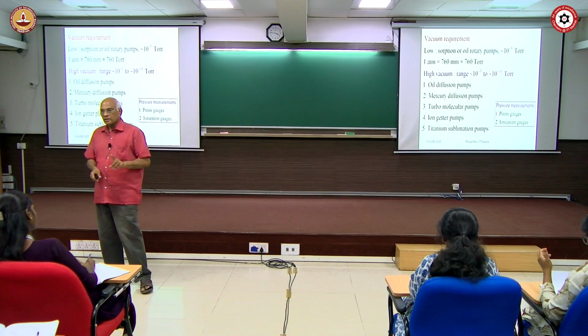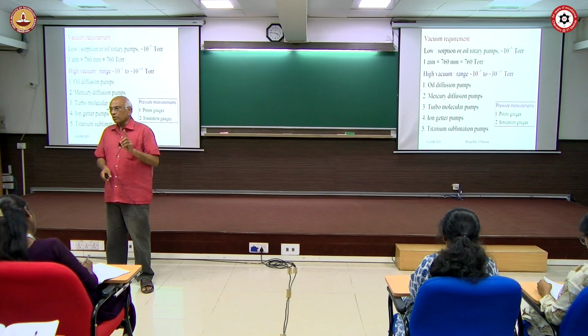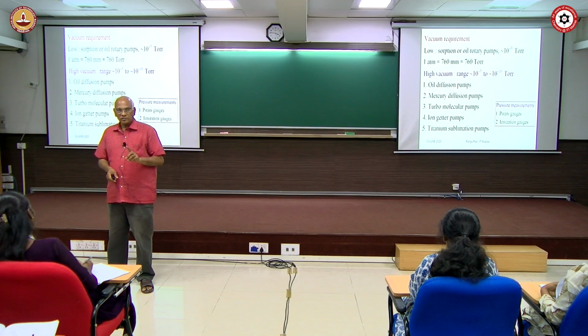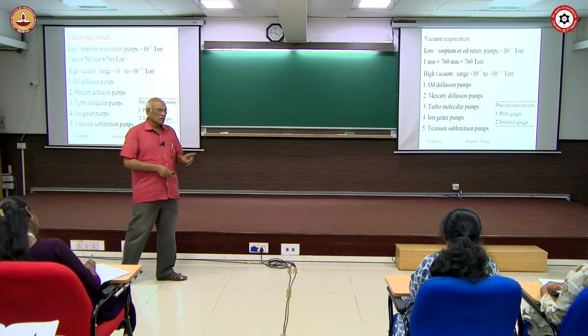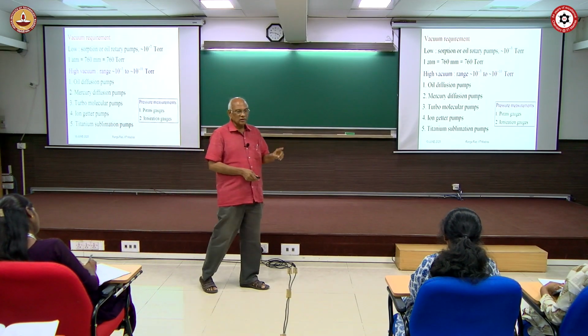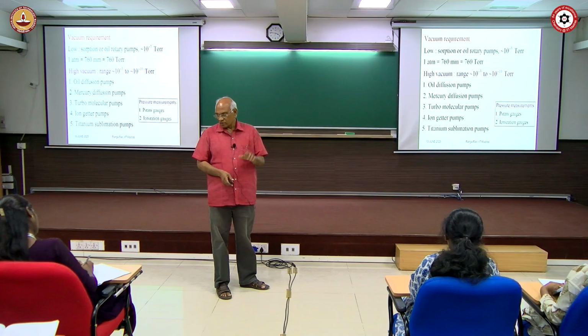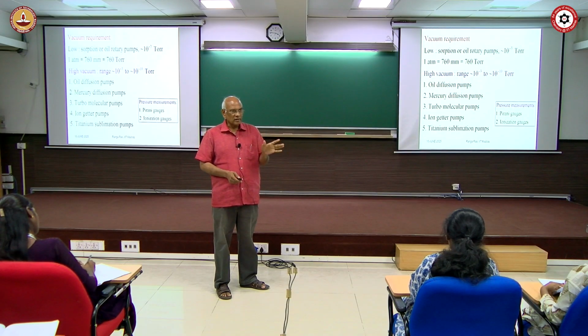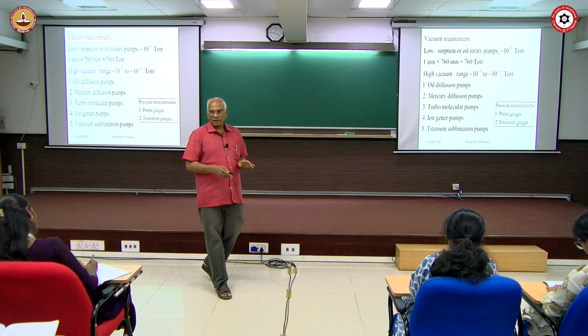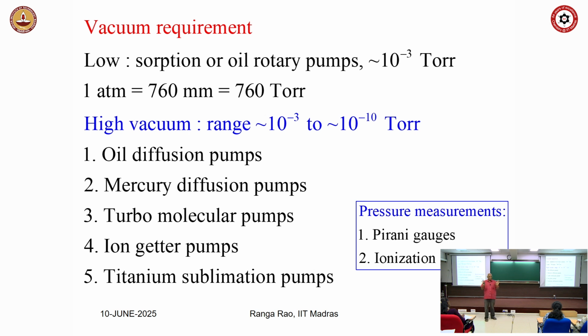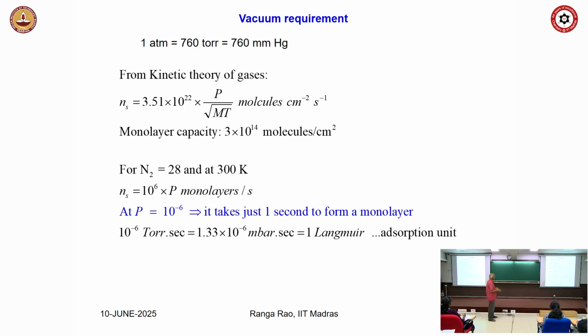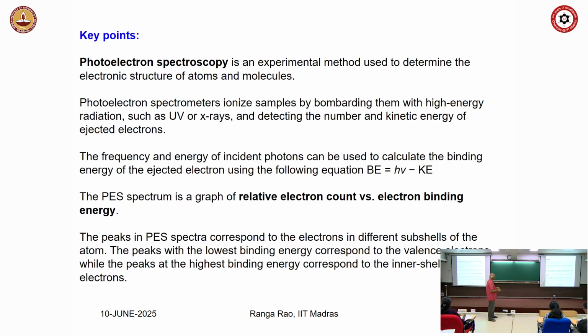These gauges are calibrated using the McLeod gauge, which is the primary gauge. If you are not familiar, don't worry, but remember there is a procedure to generate vacuum. Vacuum technology is very important for these machines, for photoelectron spectrometers. This is something which I will leave here.